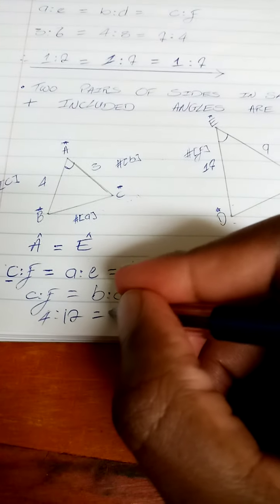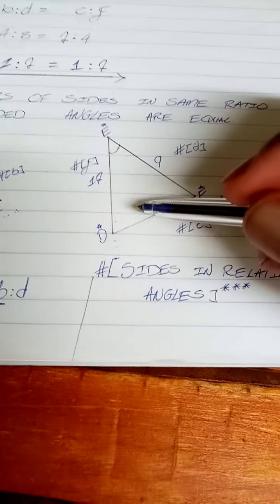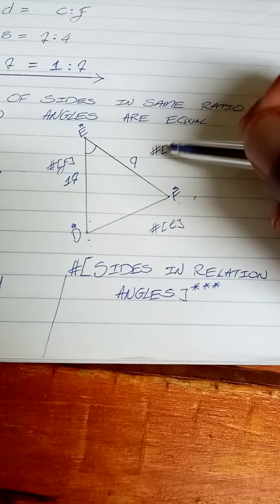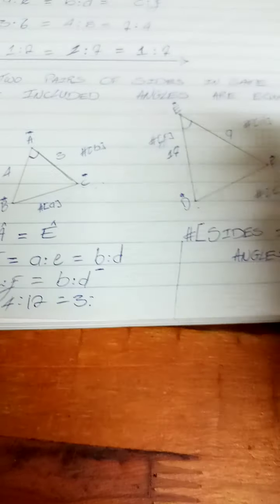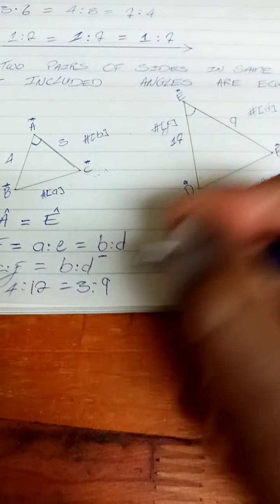And then D, which is the opposite of angle D, is 9.